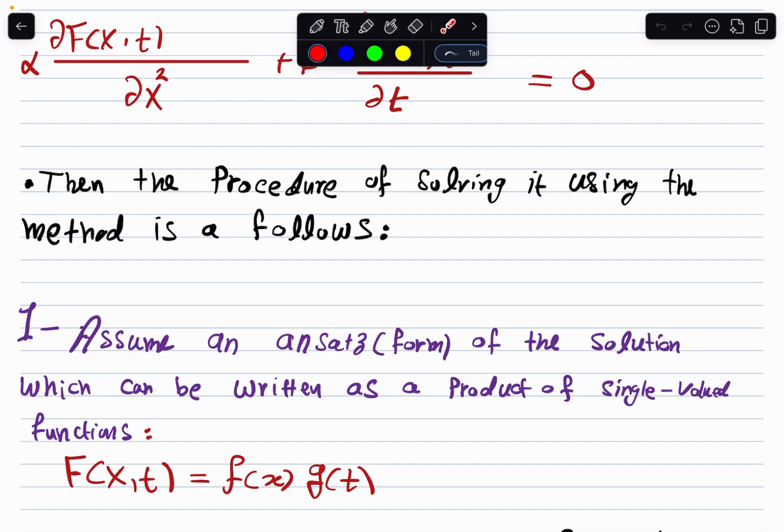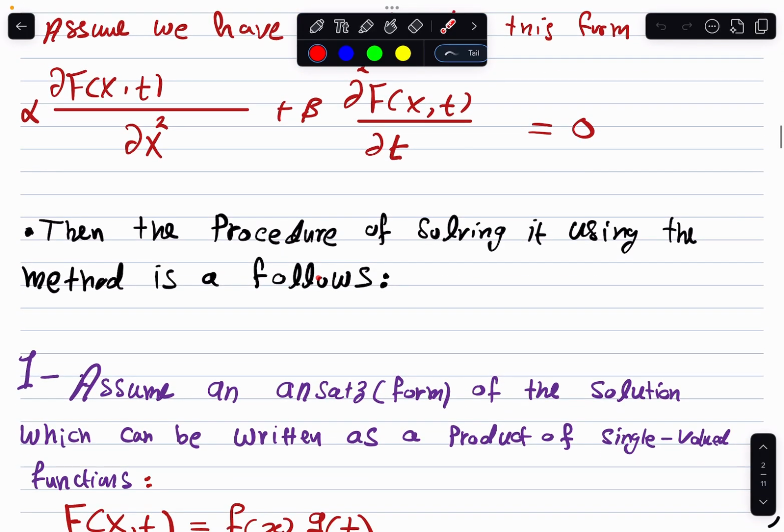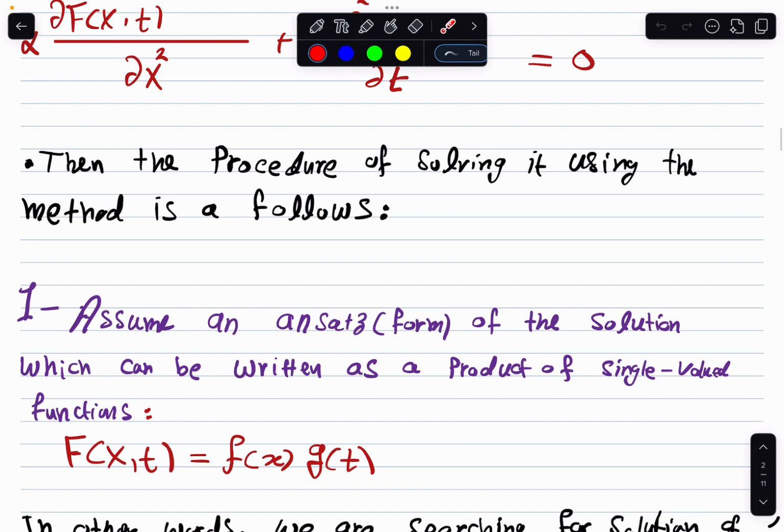And that's the name. Why did we call it separation of variables? Because we are separating the variables into 2 functions. So this is our main function, capital F of x and t. Originally it depends on x and t, but we assume that the solution can be written as a function purely of x and another function which depends purely on t. So this is the first step.